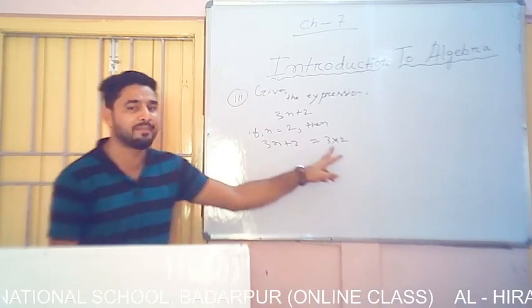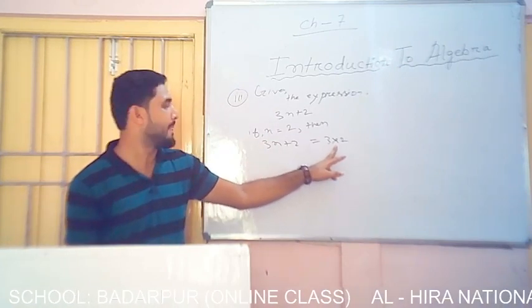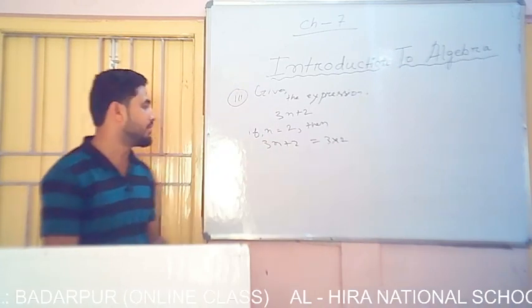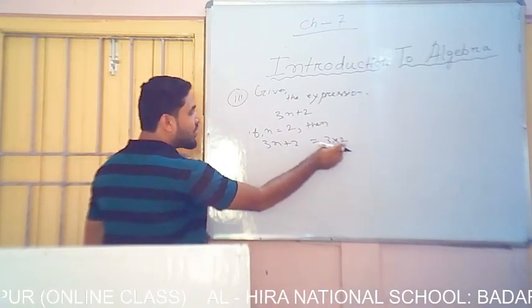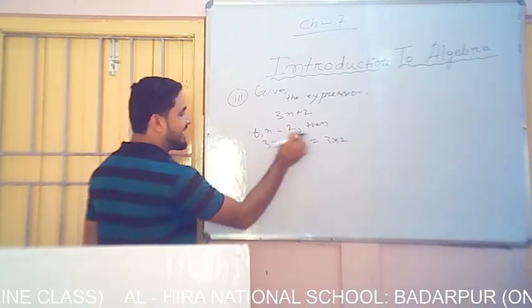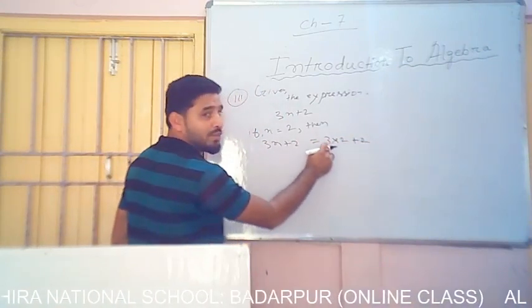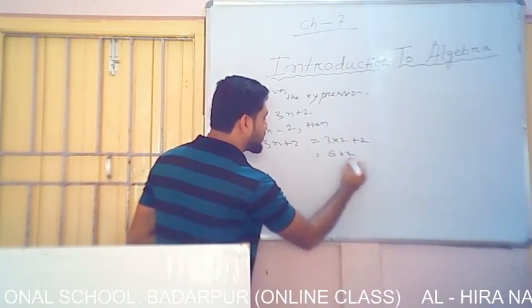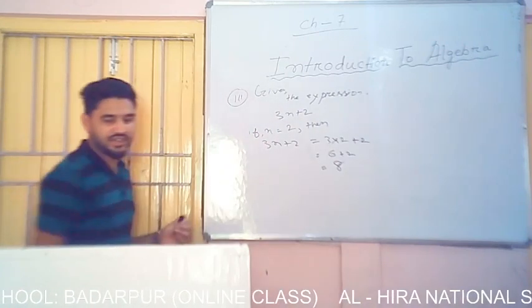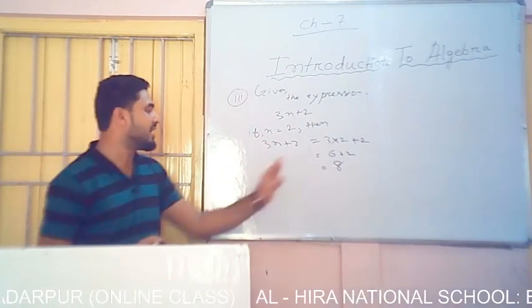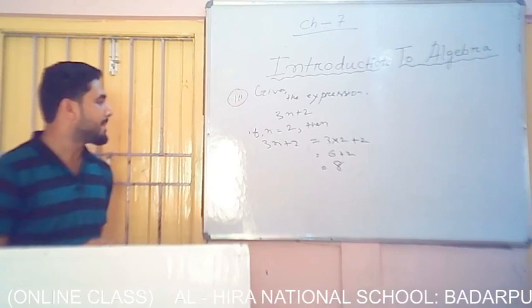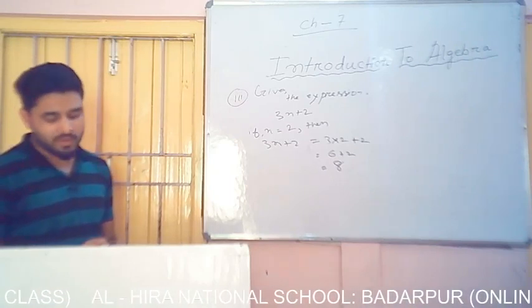So at the time of putting the value, we should write the operator. So 3 into 2, in place of n, I can write 2, plus 2. That means 3 into 2 means 6. 6 plus 2 means 8. If I add, then the first answer is 8.